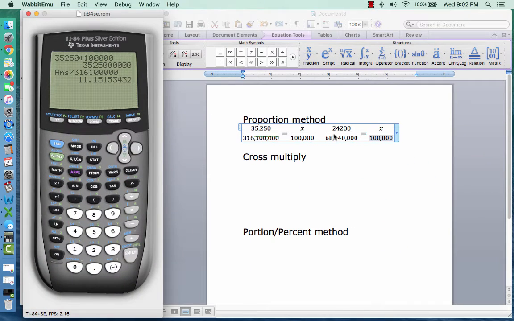So I do the same thing. I'm going to do upper left times lower right divided by the lower left. So 24,200 times 100,000 divided by 68 million, 140,000, 35.5.